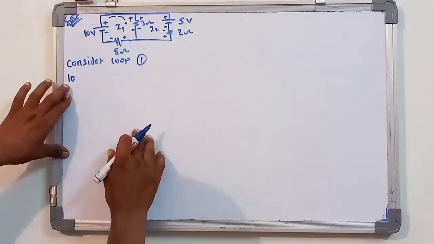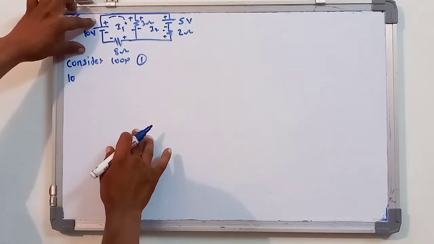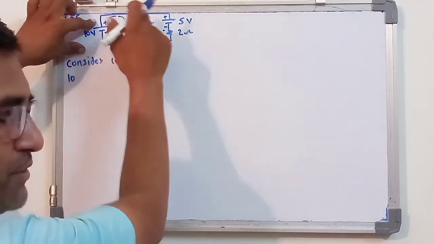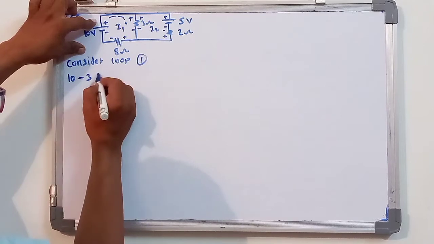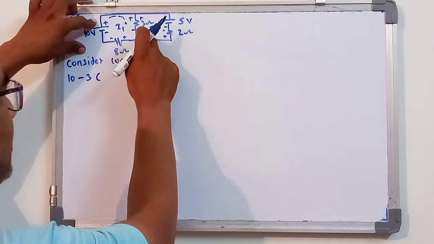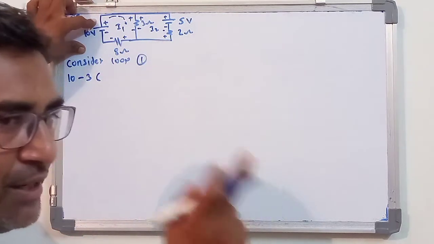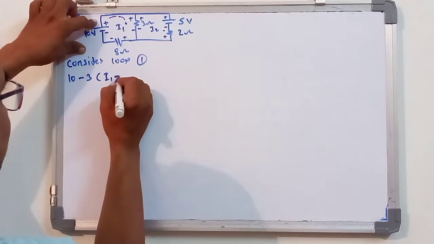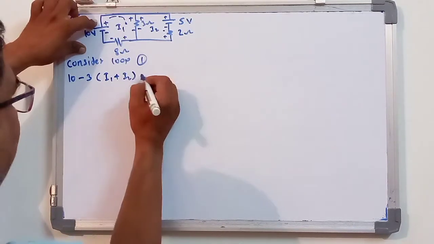Then the 10 volt, then the last point of the resistor is -3, but how much current flows through this 3 ohm resistor? The two currents, I1 and I2. So here it is I1 plus I2.